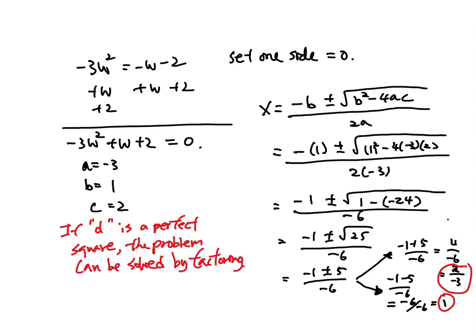But like I said, the number in front of w squared is negative 3. If it's not 1, I really don't want to have to deal with it unless the question told me to factor. So that's the reason why I'll probably use the quadratic formula if I can.